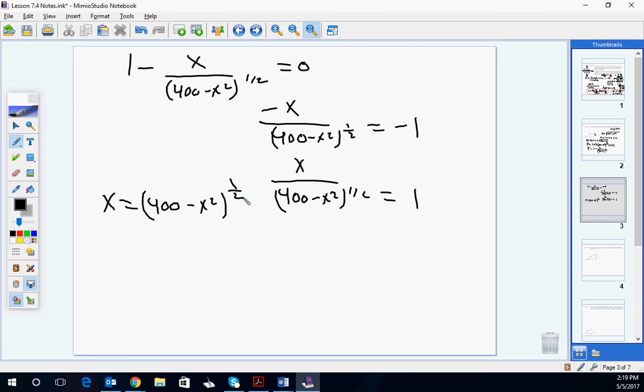So now what I'm going to do is square everything, because this is kind of my issue. If I square this and square this, then I get rid of that problem. And so I have x squared equals 400 minus x squared. Now we can solve this completely.